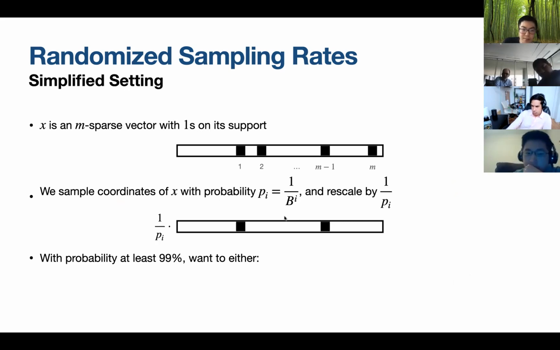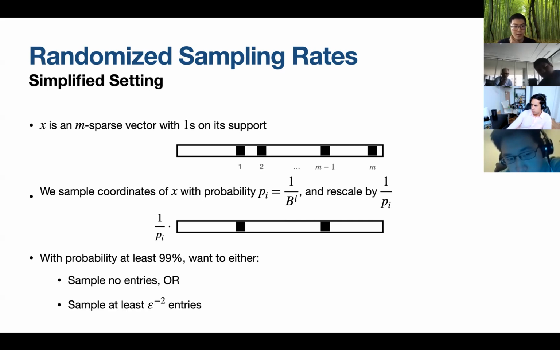So in your results, there's no dependence on this I, right? What do you mean? You're starting off with an M sparse vector, no I. Yeah. And the guarantees you want are in terms of either, so neither of these things has I in it. So how should I think of I?